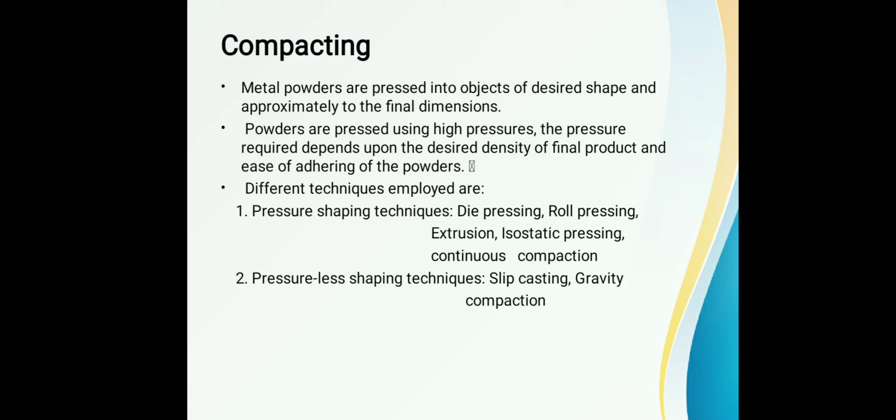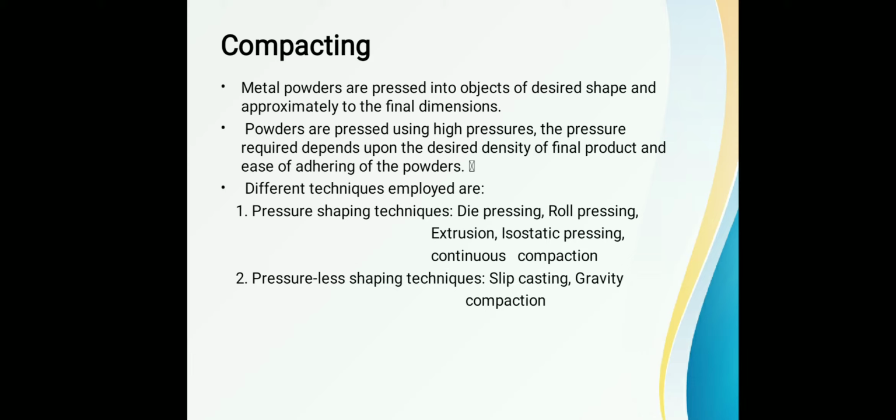Pressure shaping techniques include die pressing, roll pressing, extrusion, isostatic pressing, and continuous compaction. Pressureless shaping techniques include slip casting, gravity compaction, and also continuous compaction. Of these, the most used compacting techniques are die pressing and isostatic pressing.